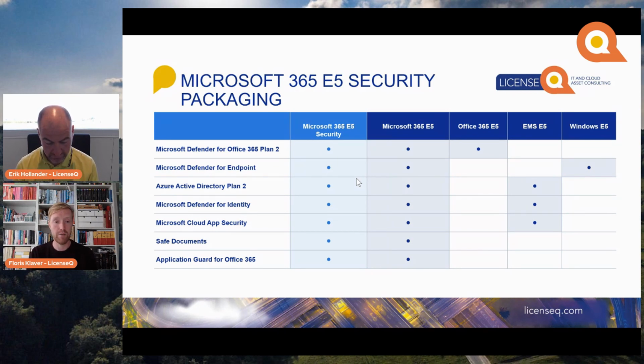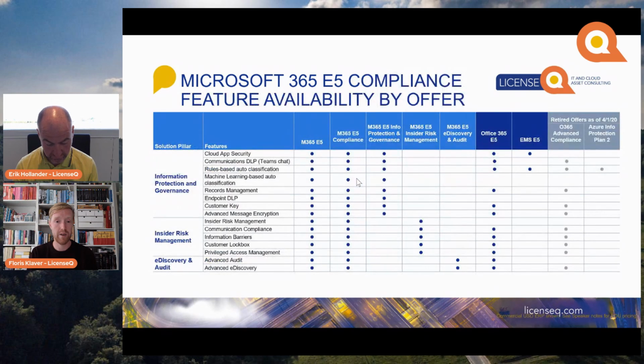I will continue on to the compliance feature availability. This is a bit of a difficult one because what Microsoft did was go from all these different types of services, some of which weren't even available at the time when they packaged Microsoft 365 E5, and package it up into one big giant suite.